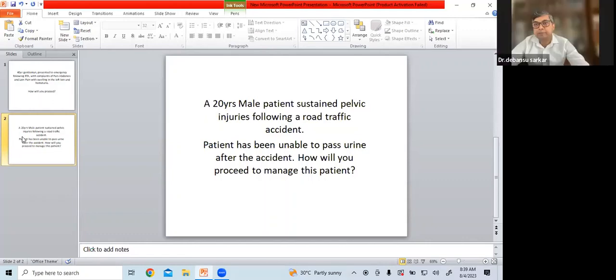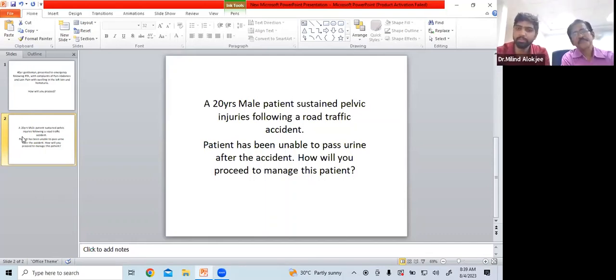Second, since the patient is not able to pass urine, I'll see whether there is any local laceration or injury. I'll look for blood at the tip of the meatus, and third, I need a two-step approach. If there is pelvic injury and I suspect pelvic fracture, then I'll stabilize the fracture and then proceed.